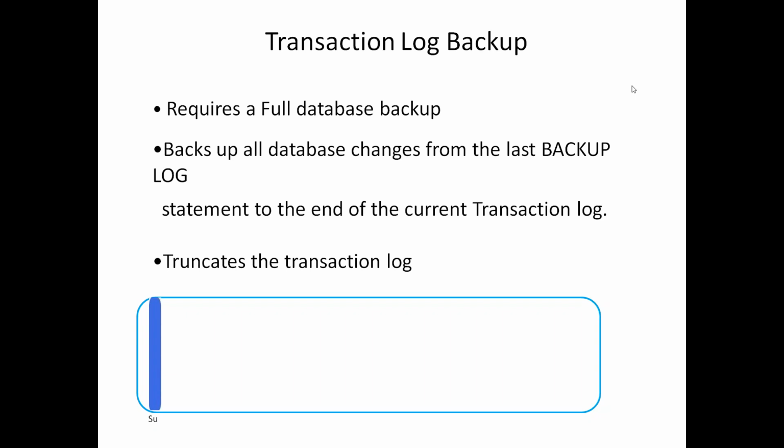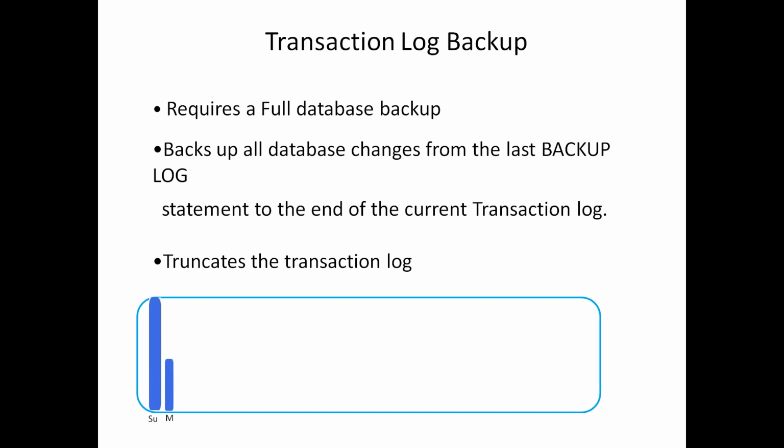So I've got a full backup from Sunday, and have taken a log backup from Monday. I'm not using a differential backup here. I'm using the combination of full and log backups.